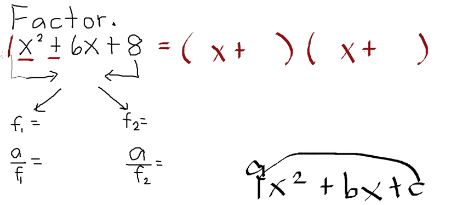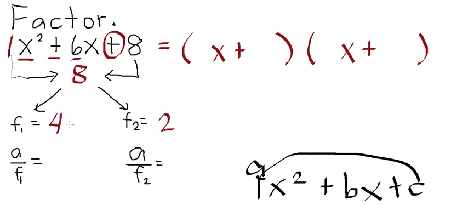Then, let's now find the AC, or the value of A times C. So, 1 times 8 equals 8. Then, anong factors ng 8 na kapag pinag-add mo, ang sagot ay 6? Tama. 4 and 2.